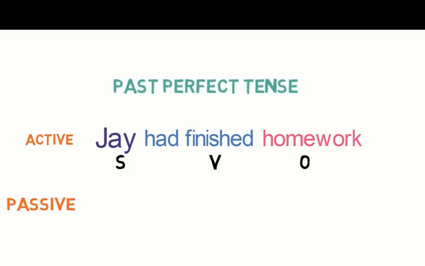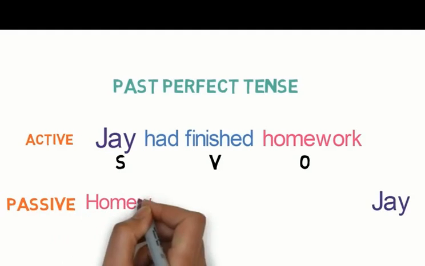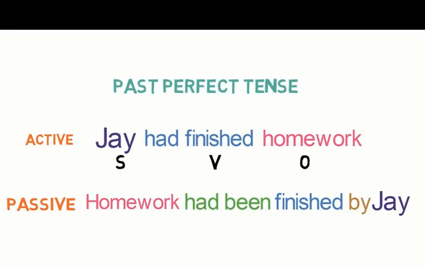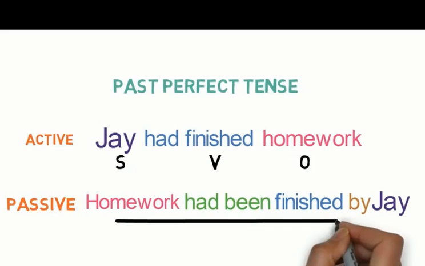Now swap the position, homework as object and Jay as subject, and identify the verb. Main verb is finished, so the verb 3 is past participle verb is finished, and helping verb should be had been, and finally attach the preposition by. Now the final sentence is homework had been finished by Jay.